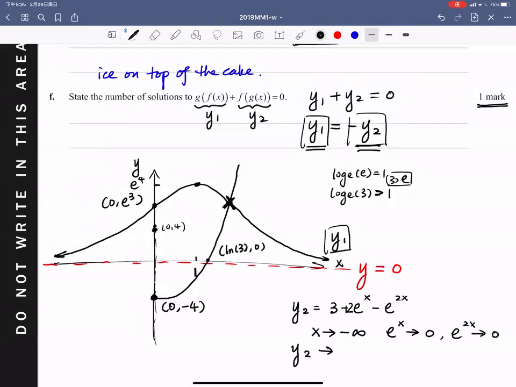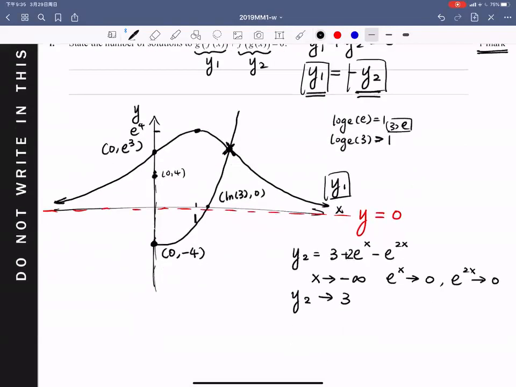Therefore, y2 will get towards only the constant 3, and minus y2 will get towards minus 3. So if this one is minus 4, minus 3 is just a little bit higher than this point. The graph will have a partial asymptote, which is this guy here. Quite demanding, this question. Okay, minus 3. All right, that should tell us the story. That should be the end of story.